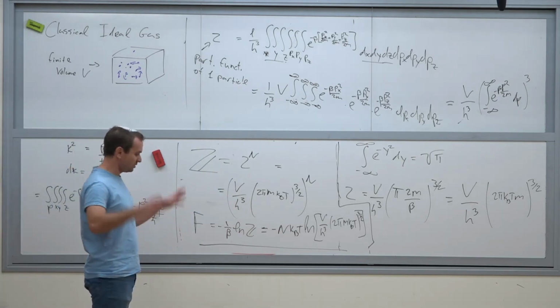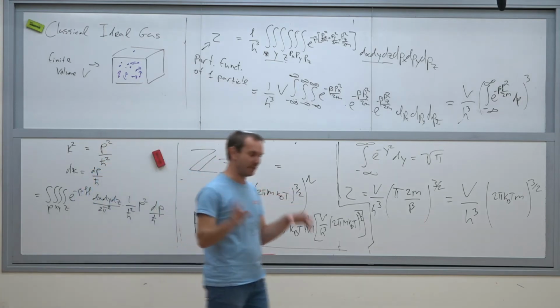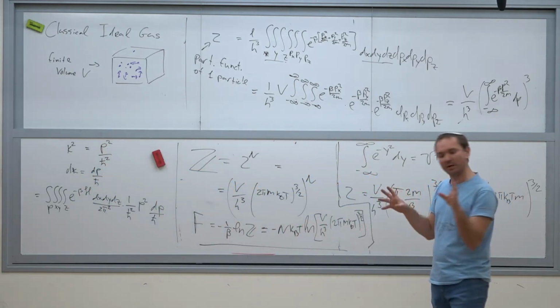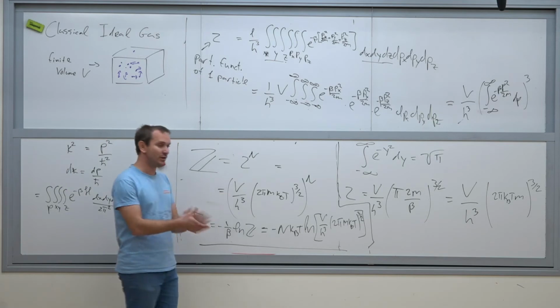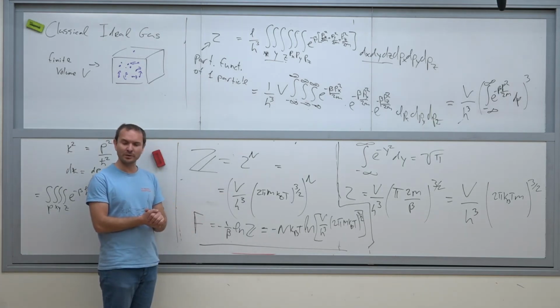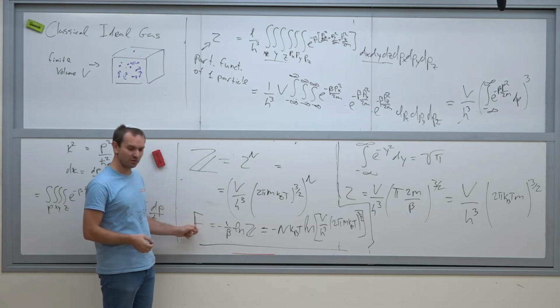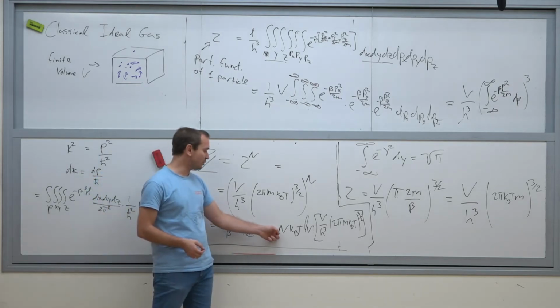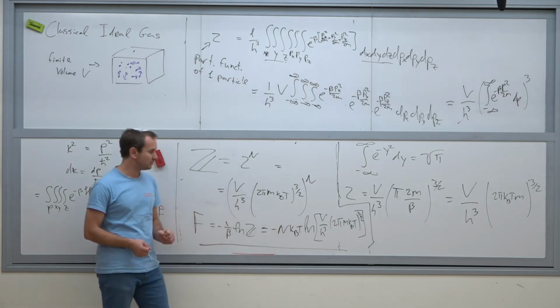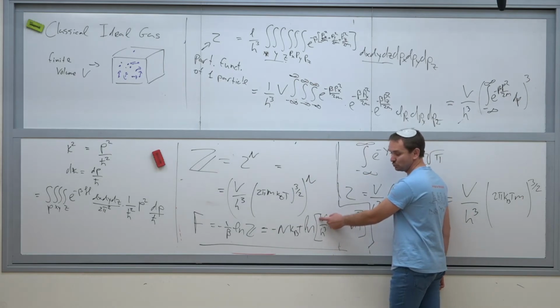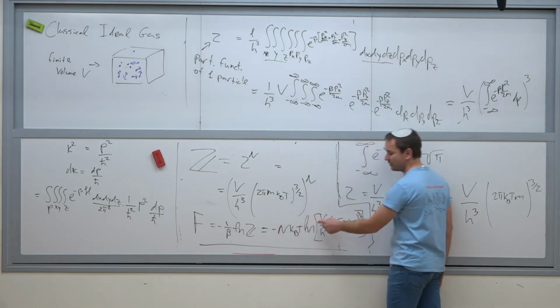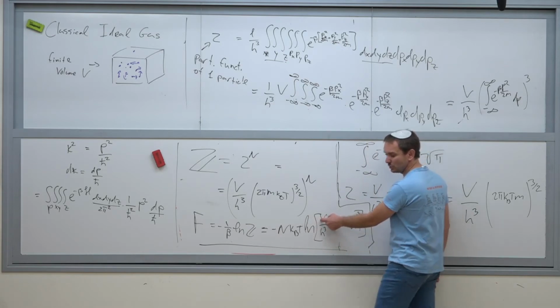Well, if we take two systems that are exactly the same, with exactly the same number of particles and exactly the same volume, and we combine them together, what should happen is that the free energy should grow by a factor of 2. And it won't happen, because the volume, if it has grown by a factor of 2, should give a prefactor of 2 over here. So it's not a linear function, because the prefactor is over here, and the prefactor should be over there too.